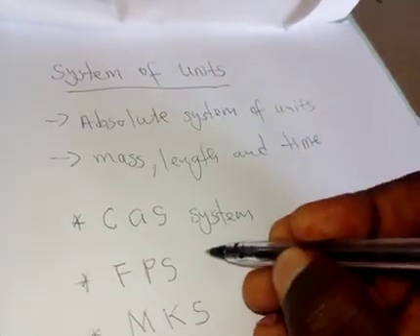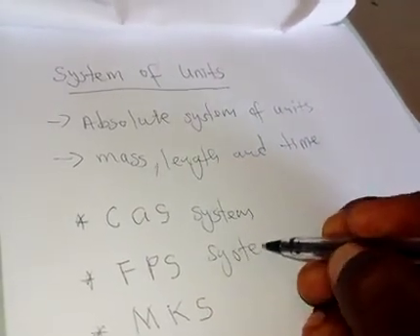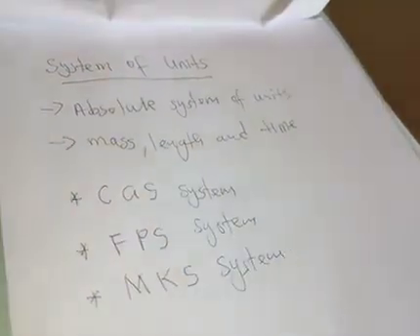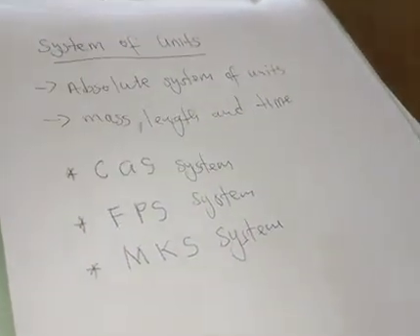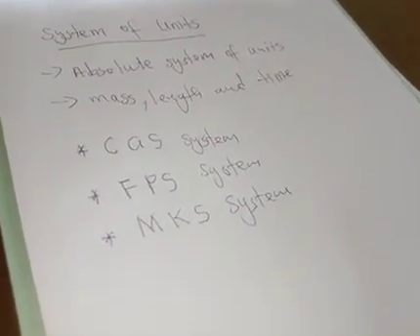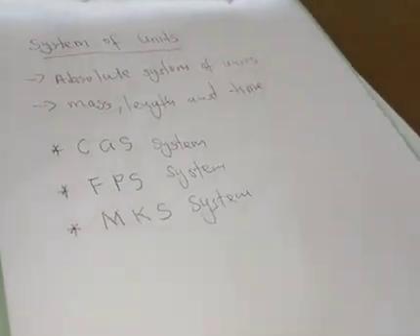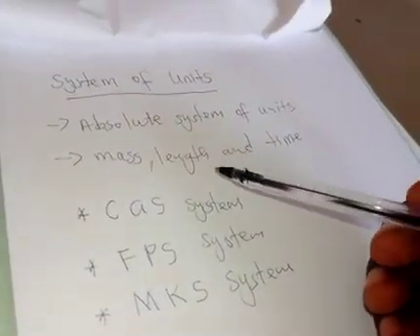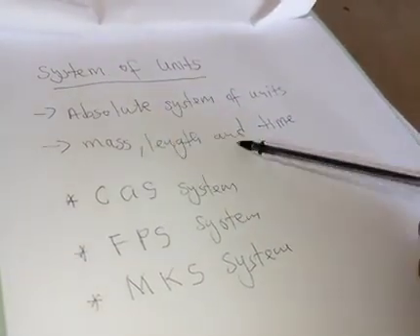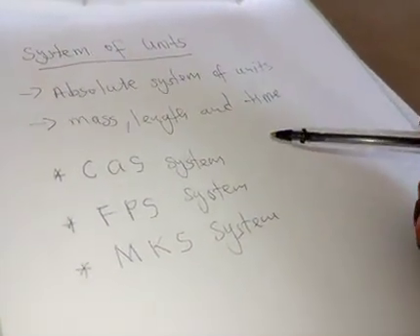So these are the three common systems of units that we have: the CGS, FPS, and the MKS. Now, let's understand these three. So start with the CGS. Remember, in all these systems of units, we have mass, length, and time, which are the fundamental units.